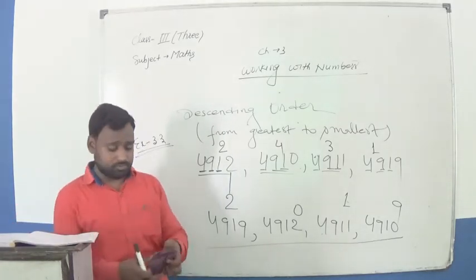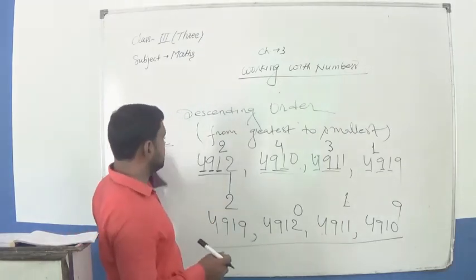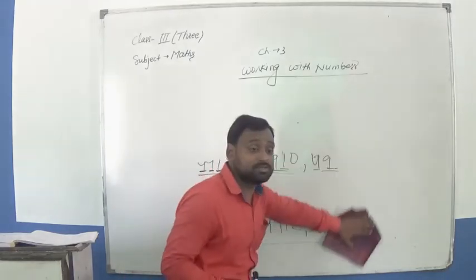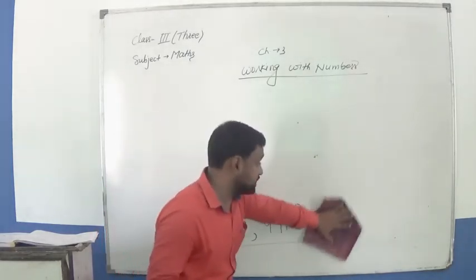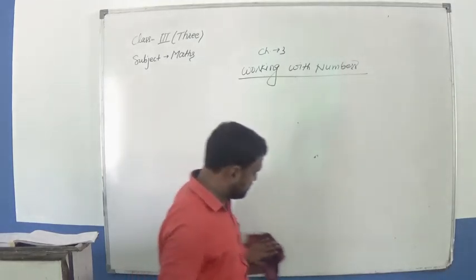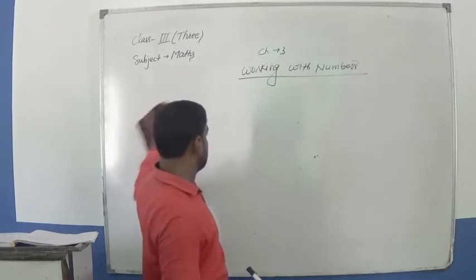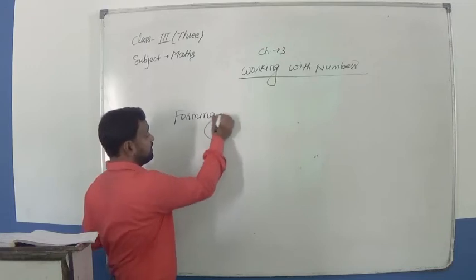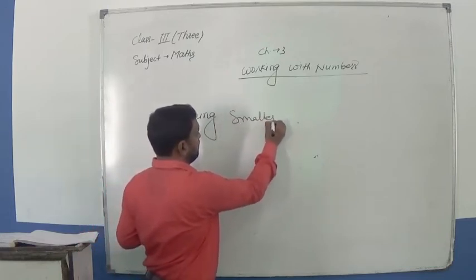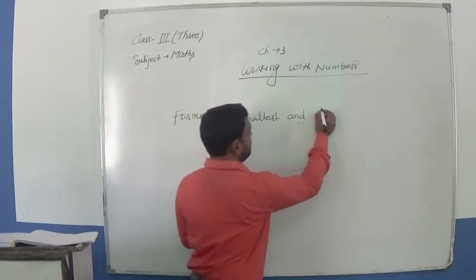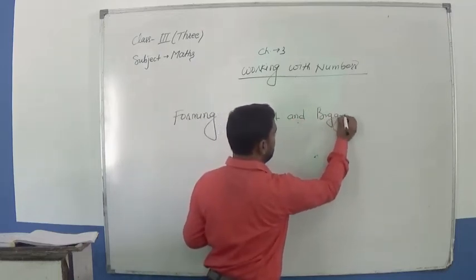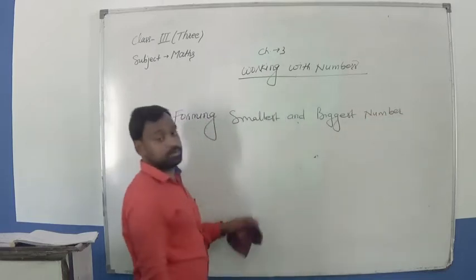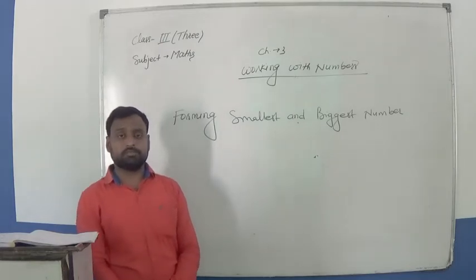Now one term you have to learn in this chapter 3, that is forming the smallest and biggest numbers. Next term we have to learn, that is forming a smallest and biggest number.